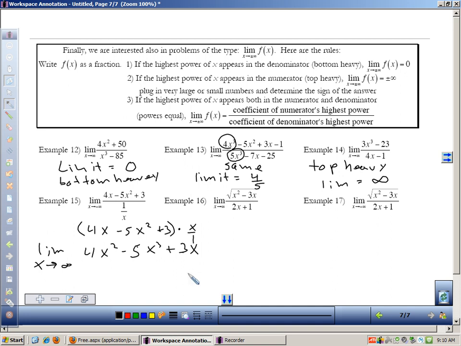If we think of our rules, what's the power on x in the denominator? 0. So which of the numerator or denominator has the highest power? The numerator, so it's top heavy.